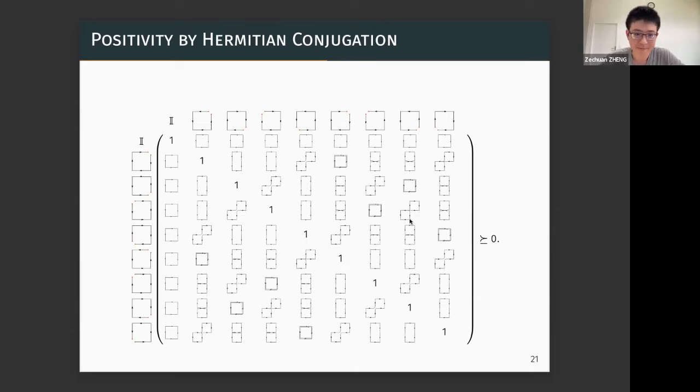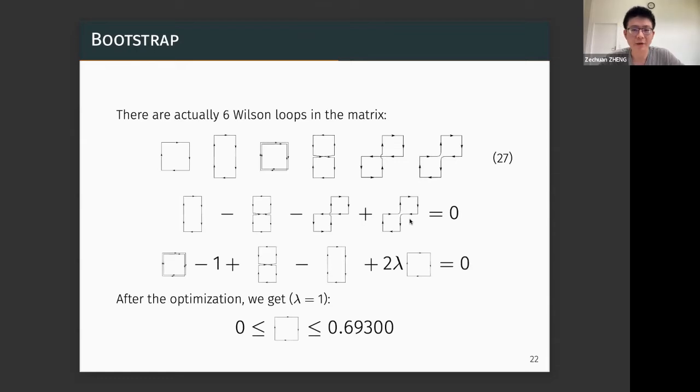We will see. For this matrix, there are in all 6 Wilson loops inside the matrix. And these 6 variables are related by 2 loop equations, which we already wrote down. And then this is a well-defined SDP. We can do the optimization.